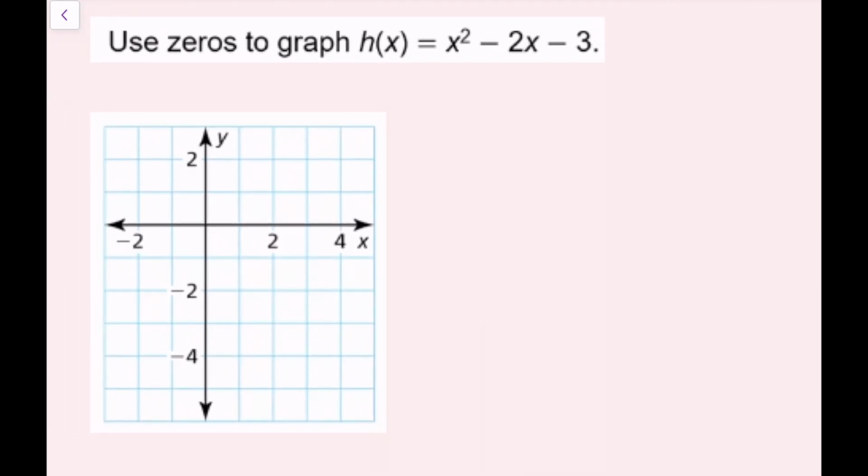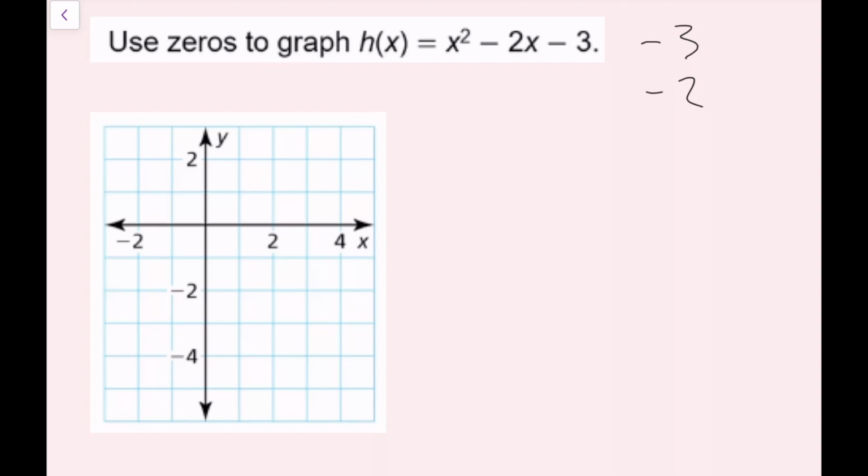And I see that I have negative 2 for my b value and negative 3 for my c value. So I need to find two numbers that are going to multiply to negative 3 and then add to negative 2. And I can think right now that since this b is negative, the negative number is going to be bigger.